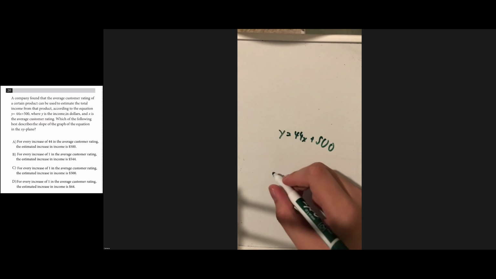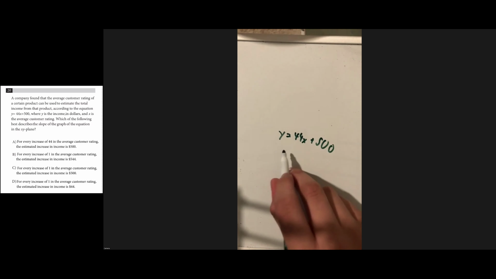And so we're given that y is income and x is the average customer rating. And so for every 1 increase in average customer rating, y should increase by $44, because when x increases by 1, y would increase by $44. So the correct answer is D.